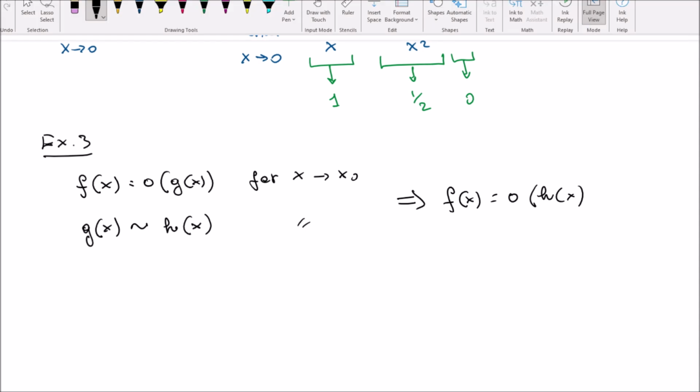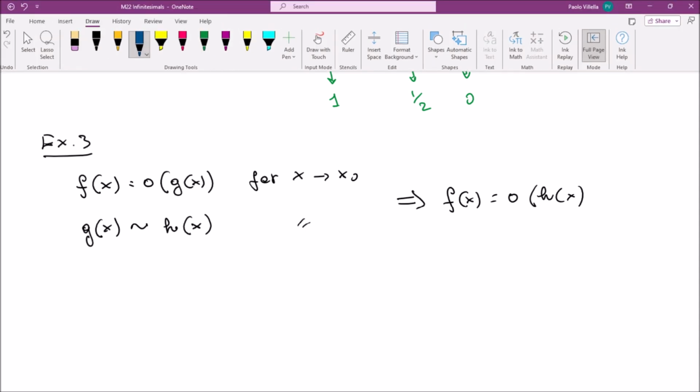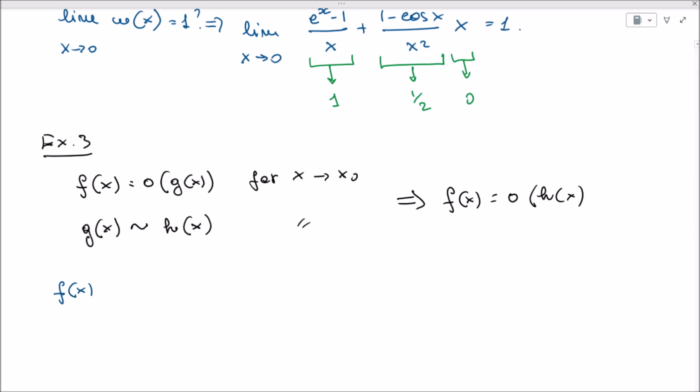Okay, let's prove this result. This is quite intuitive, right? But we need to make a proof. So we know that f of x is equal to some omega of x g of x, right? So we also know that with omega of x, let me call this omega 1, okay?